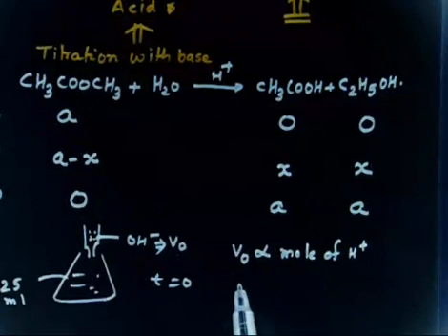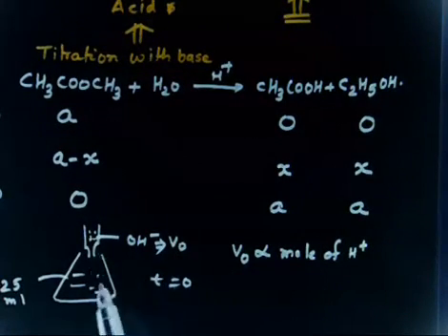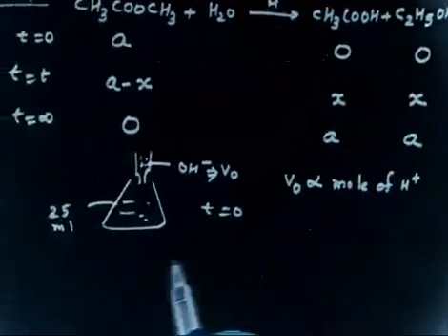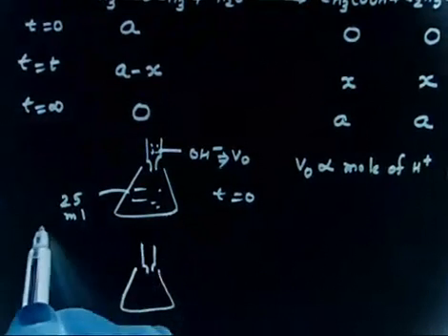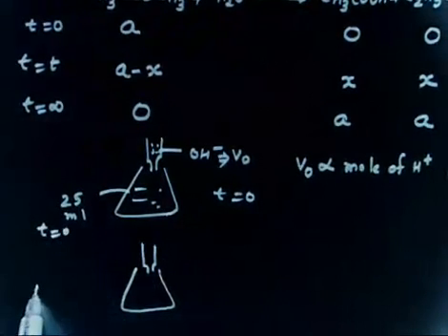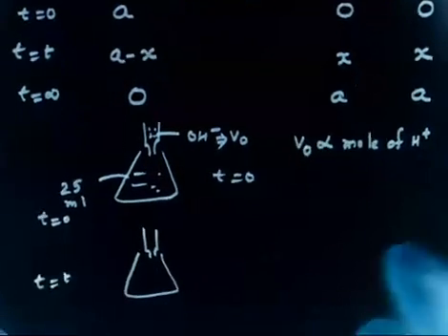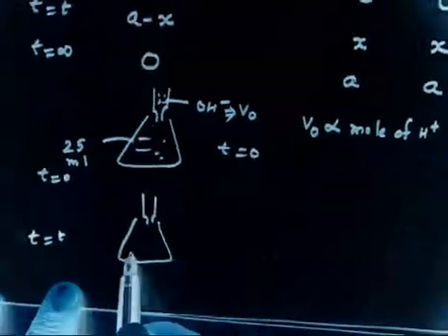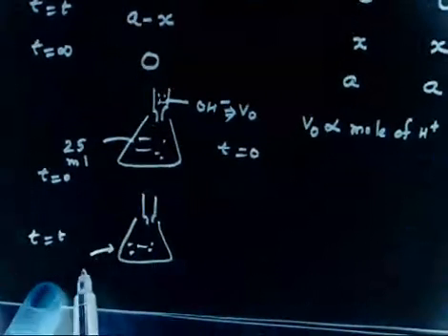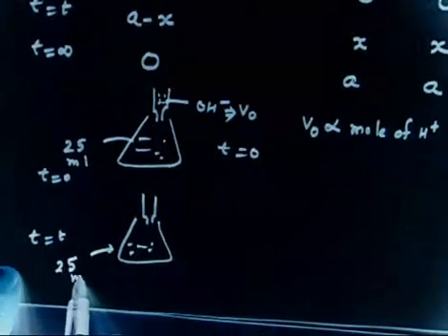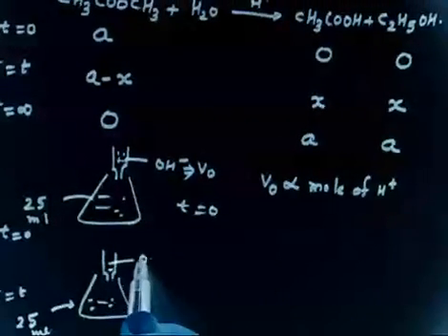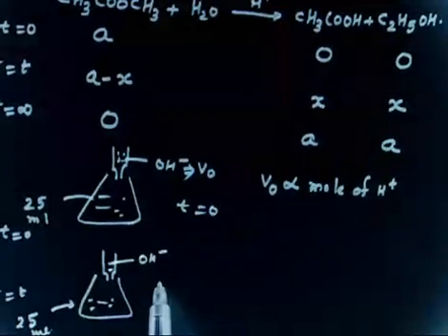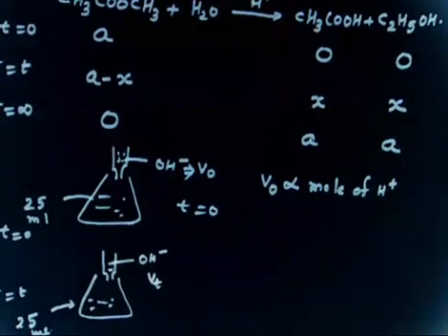Let us say t equals t time. If I do the same experiment again at t equals t time, this is at t equals 0, and this is at t equals t. What I do is I take again a 25 ml sample of this mixture, and if I titrate with NaOH, this time let us say the volume required of NaOH is Vt.